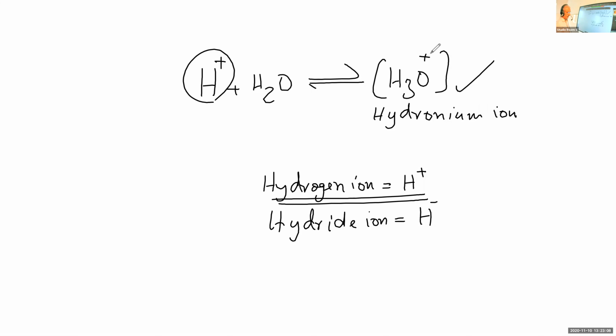Alvin? No. Okay. Bronsted acid is a proton donor, H plus ion donor, while Bronsted base is an H plus ion acceptor or a proton acceptor. That is a Bronsted acid, Bronsted base.